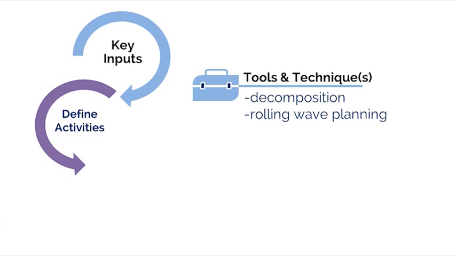Rolling wave planning is an iterative planning technique and a form of progressive elaboration, where the work to be accomplished in the near term is planned in detail and future work is planned at a higher level of the WBS. At the beginning of the project, near-term deliverables are decomposed into individual components or work packages and defined at the greatest level of detail. Deliverables and schedule activities that will take place several reporting periods in the future are more broadly defined.